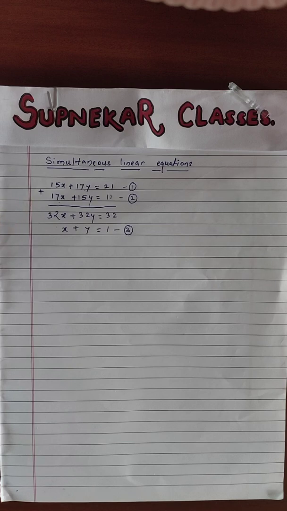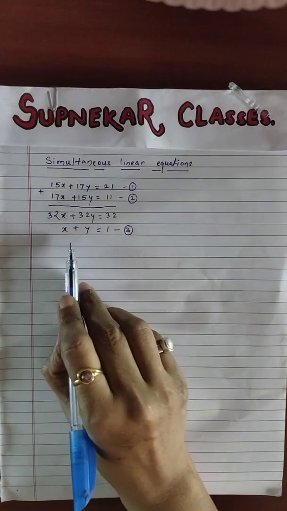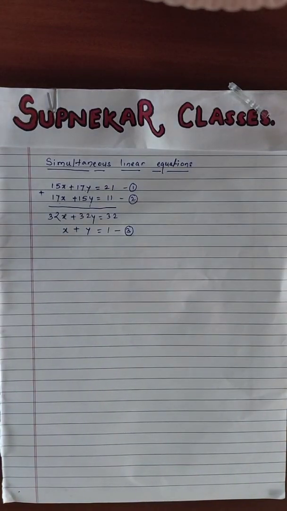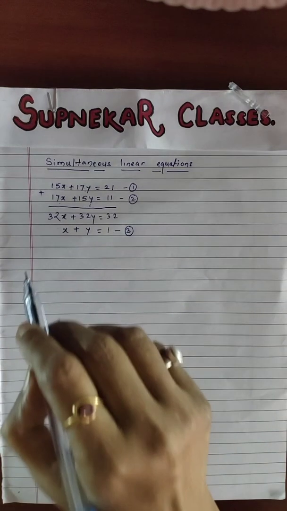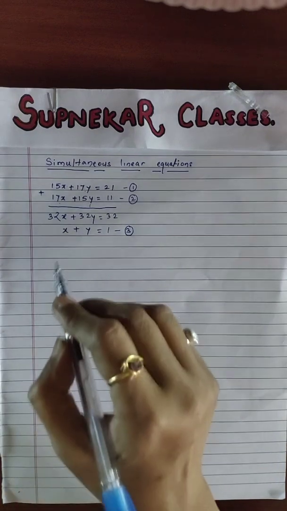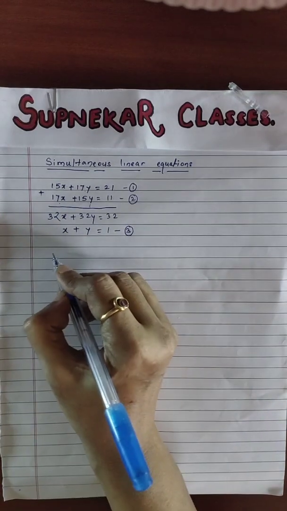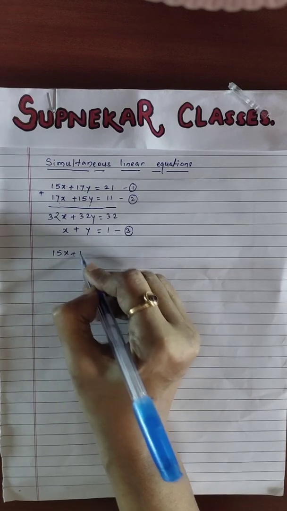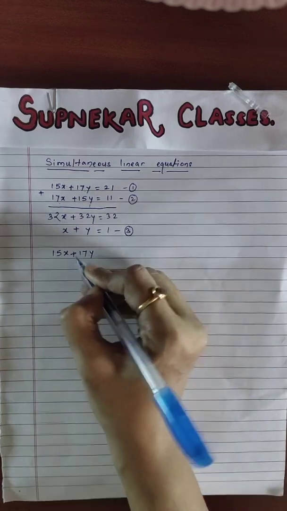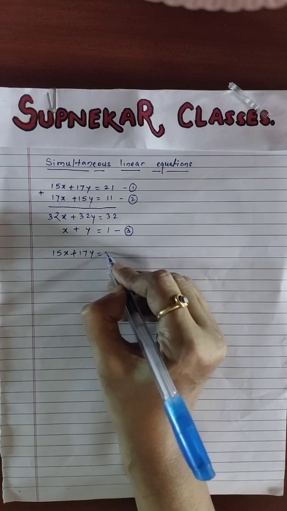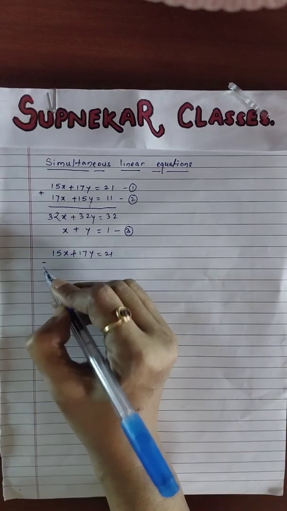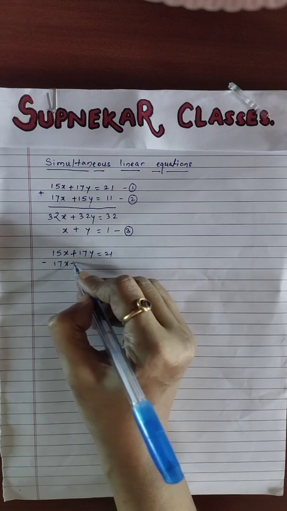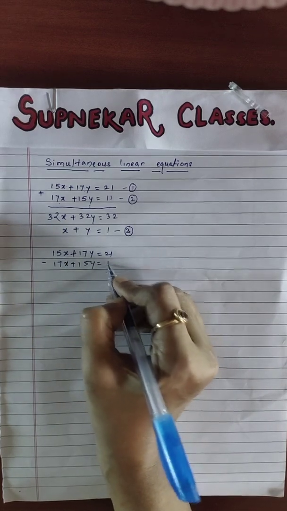As you had done addition of both these equations first, you got x plus y is equal to 1 as the third equation. Now you have to subtract both the equations. As initially you had added those two equations, you now have to subtract. Now how to subtract? See, once again I am writing both these equations. 15x plus 17y is equal to 21, minus, in between you have to put a minus sign, 17x plus 15y is equal to 11.